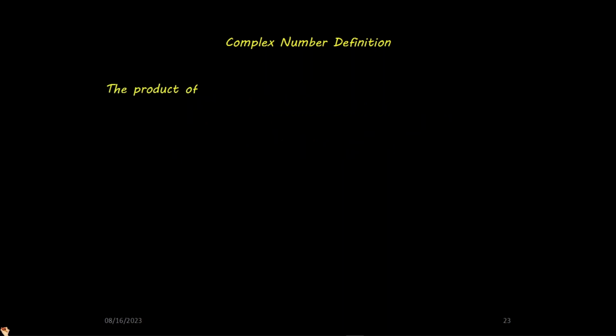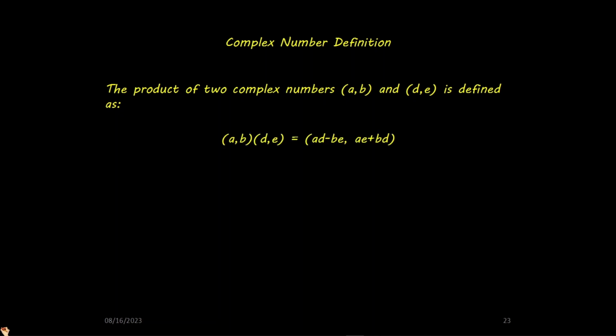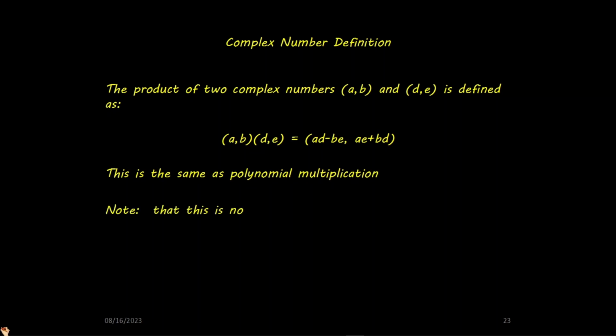The product of two complex numbers, ordered pairs a, b, and d, e, is defined as a, b, times d, e, equals the ordered pair a times d minus b times e, and a times e plus b times d. This is the same as polynomial multiplication. Note that this is not the same as the dot product or the cross product.